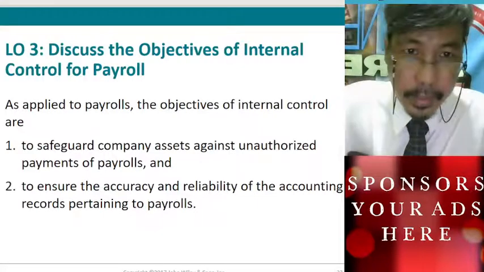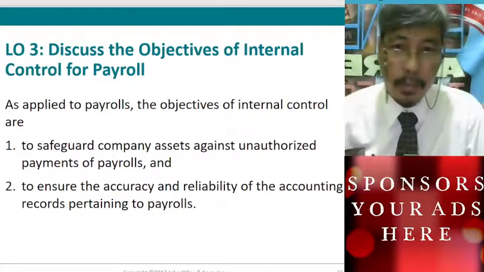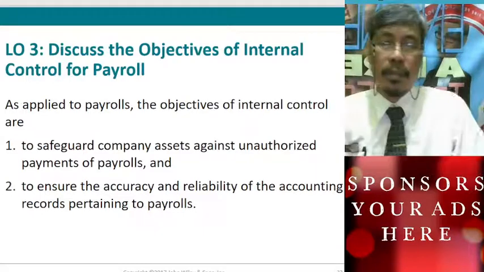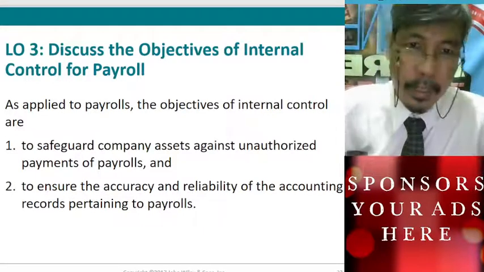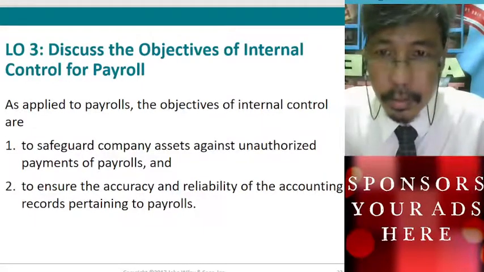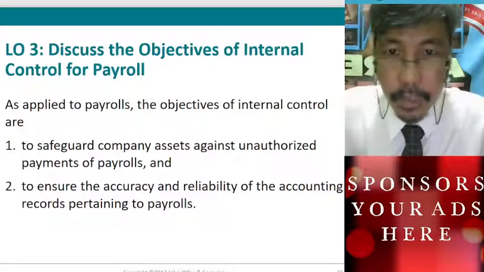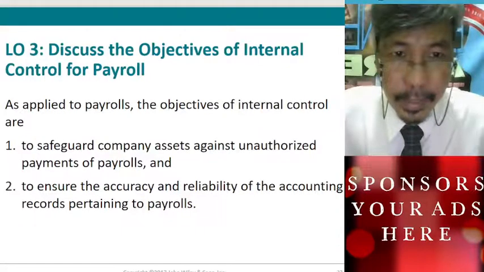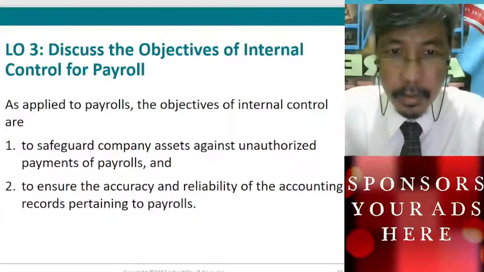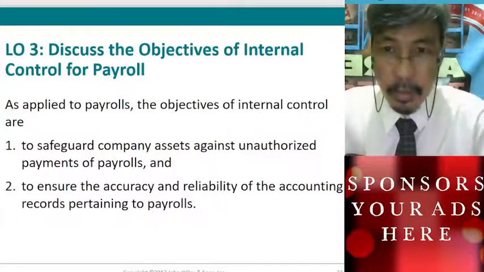Lesson number 3, discuss the objectives of internal control for payroll. How to control this? As applied to payrolls, the objectives of internal control are: 1, to safeguard the company assets against unauthorized payment of payrolls. That is a good control.